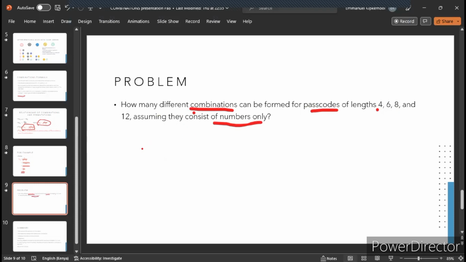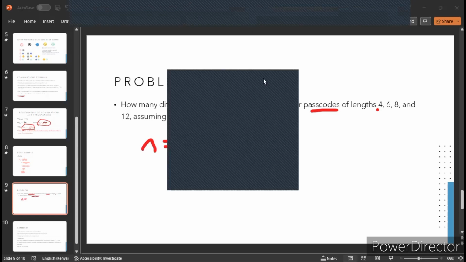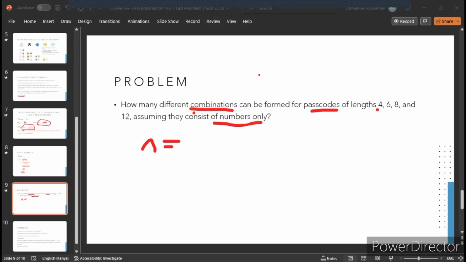So our n in this case, how many numbers do you have in total on the number line? We have from 0 to 9. So how many numbers are those? There are 10. So n is 10.